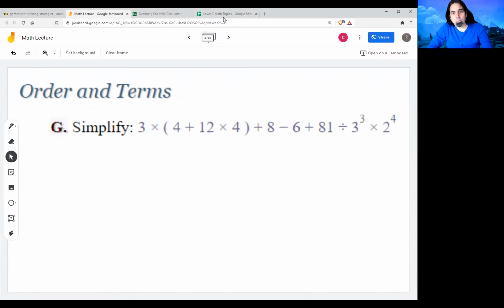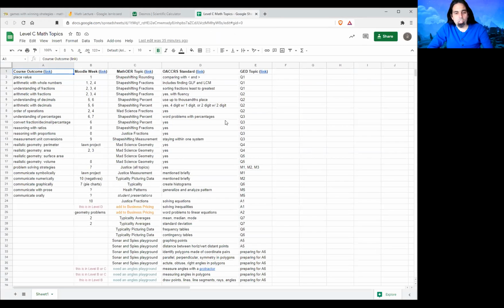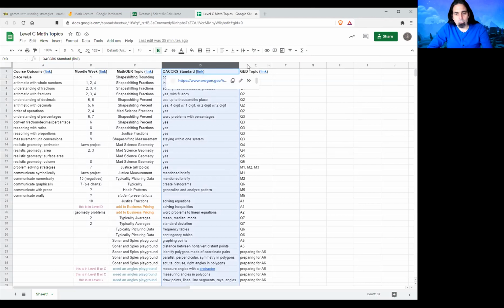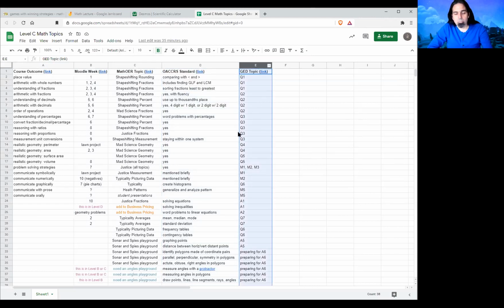The other announcement is that there is a spreadsheet that I'll share in the after-class email about all of the Level C Math topics and how they relate to our syllabus, the Moodle shell for the class that Minu made, our website that I made, the state standards for Level C, or the GED topics.